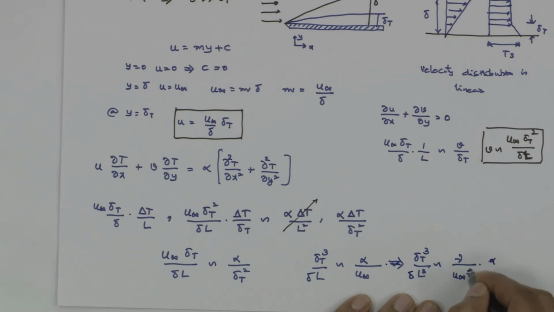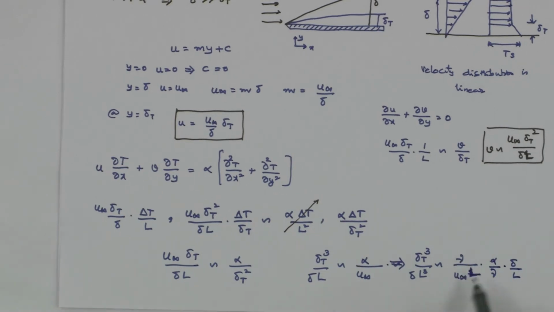This is actually, I need to write this as L, alpha by nu into delta by L. What have I done? I have multiplied by L squared on both sides, and that 1 L I have taken here, multiplied and divided it by nu. In the next module, we will do the simplification and get to the delta t by L cube. Thank you.